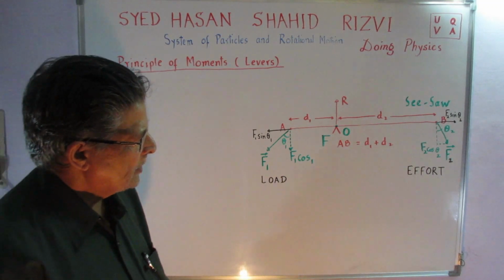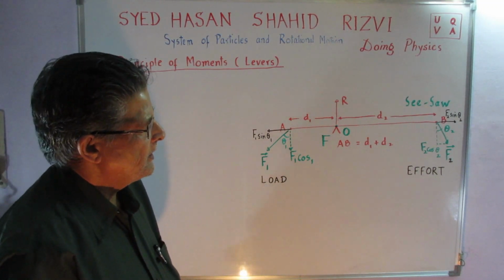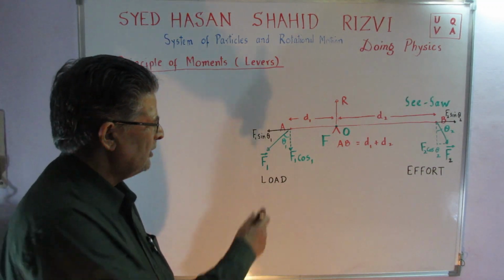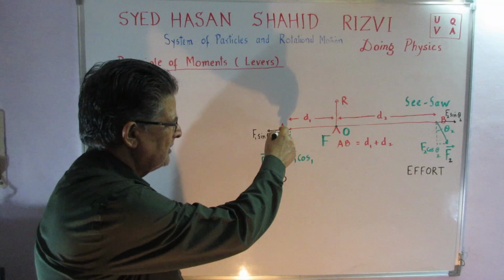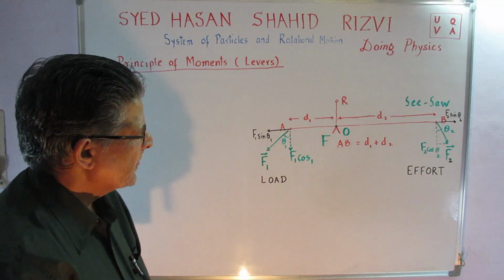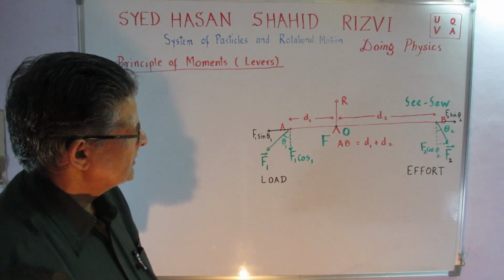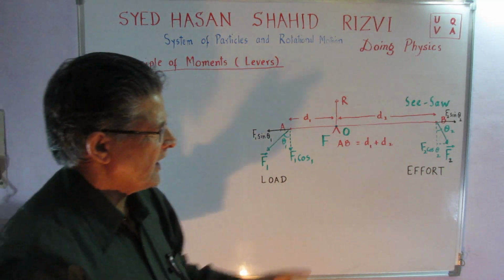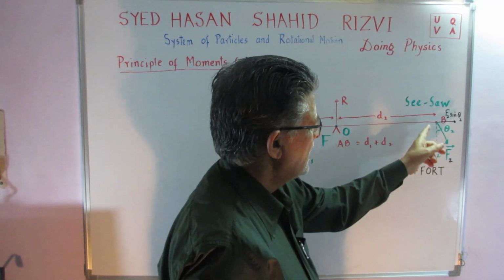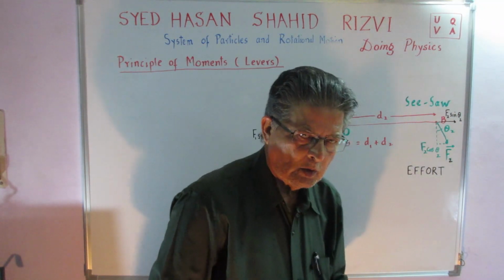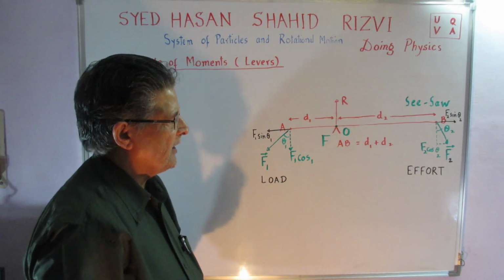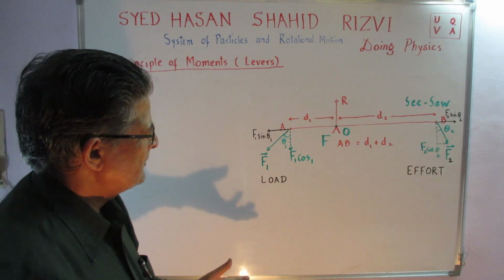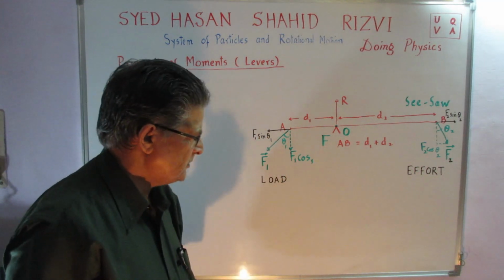Yes. So as I told you, if I make a distinction that the load makes an angle theta 1 with the vertical axis, and the effort F2 makes an angle of theta 2, now all that we have to do is apply the same set of equations.